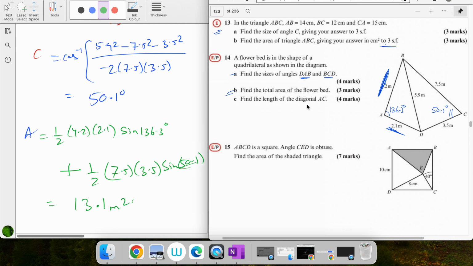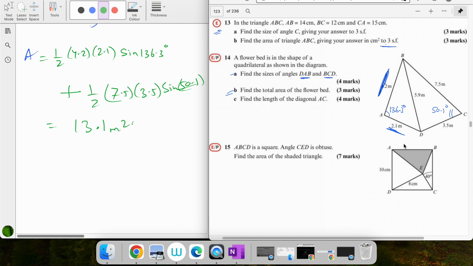Last part says find the length of diagonal AC. Length of diagonal AC.